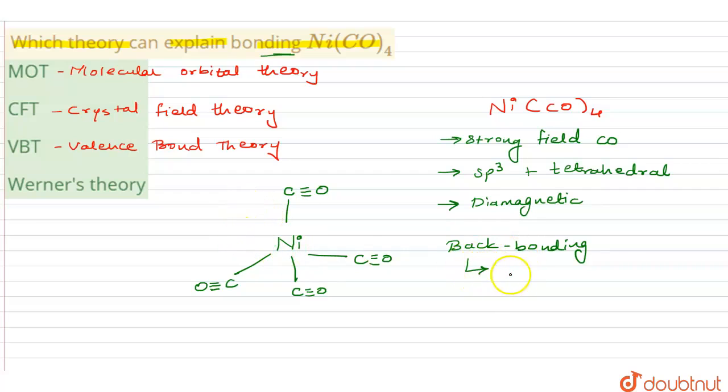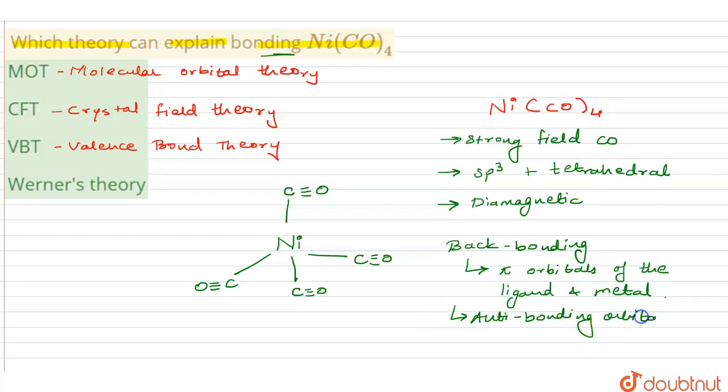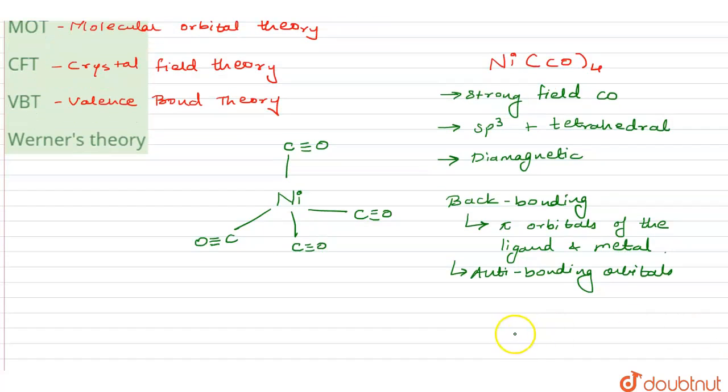Such kind of bonding takes place between the pi orbitals of the ligand and the metal. There are variations in this back bonding as such. It's not just pi orbitals, but we do have the anti-bonding orbitals of the ligand which also tend to participate. So that's your pi star orbitals.